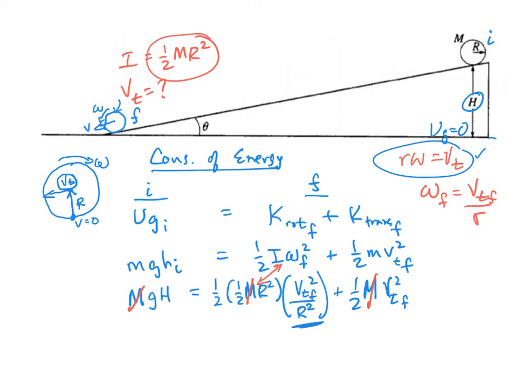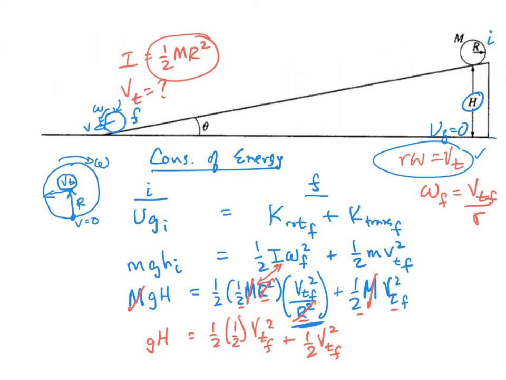I've got radius squared here and radius squared in the denominator here. Those two are going to cancel out. So what I'm left with is GH equals 1/2 times another 1/2, that's still left right there, VTF squared, plus 1/2 another VTF squared. That's from over here.